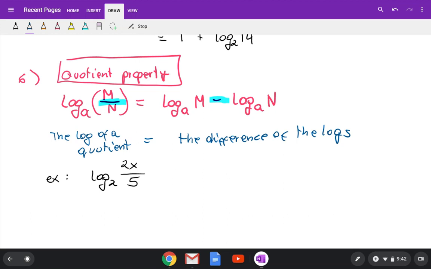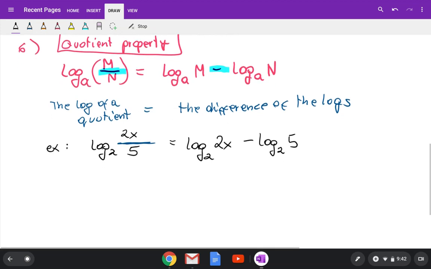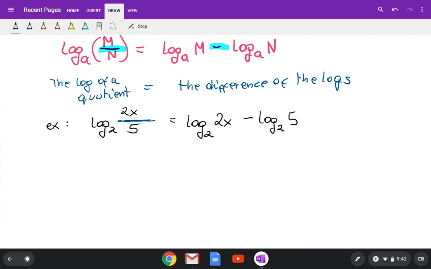The major operation inside the log is the quotient, so we're ready to use the quotient property, and we're going to rewrite that as log base 2 of 2x minus log base 2 of 5. With logs you're always checking if you can simplify. Here we can do a little more work. You have 2 times x, so it's a product.